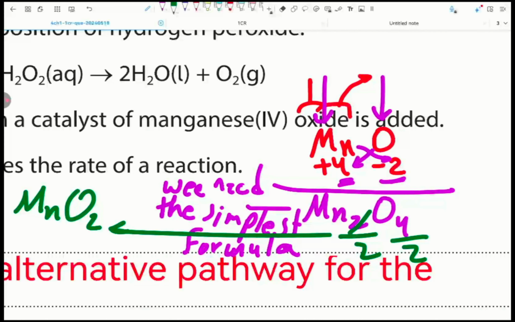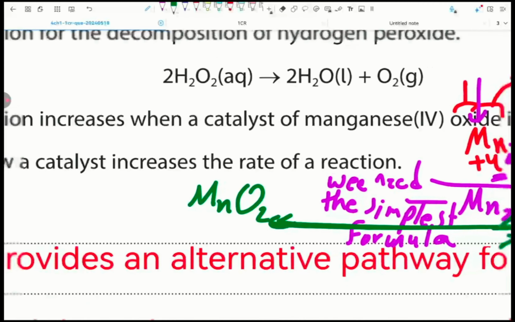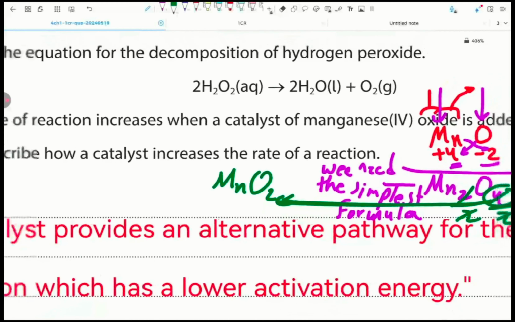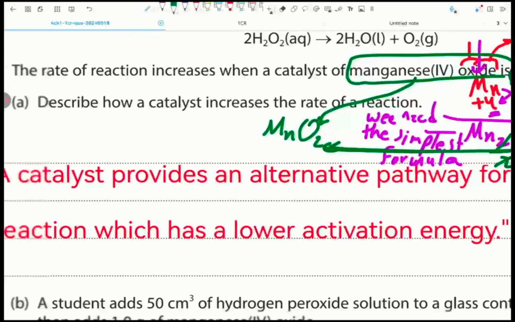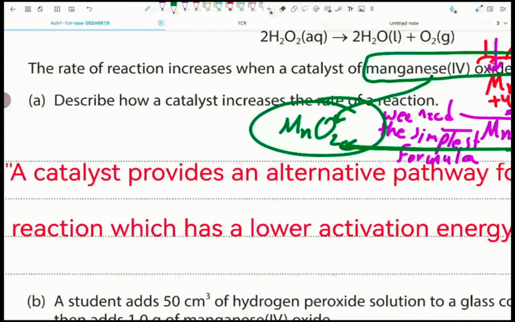I divide this 2 by 2, and 4 over 2 is 2, so that we get this number here. So what is the chemical formula of manganese 4 oxide? The chemical formula is MnO2, as we see here.